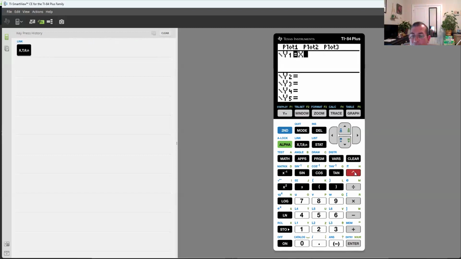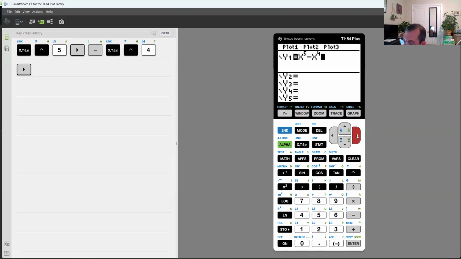So x exponent 5, arrow down, minus x to the 4th. So x exponent 4, arrow down, plus x squared. So x squared plus 12.